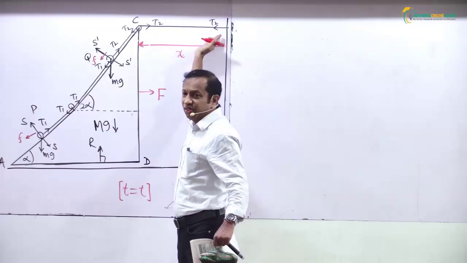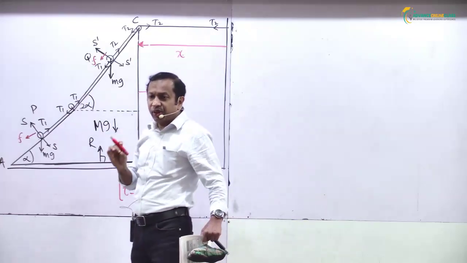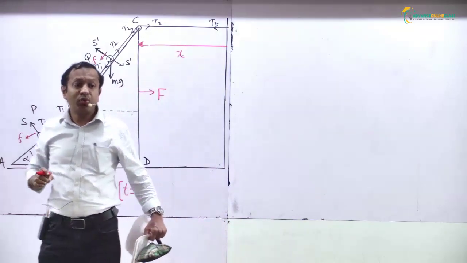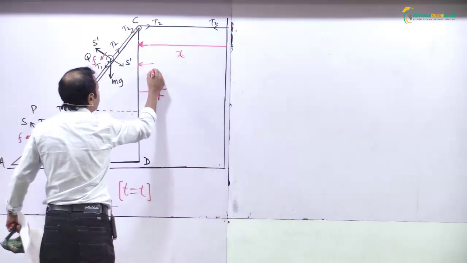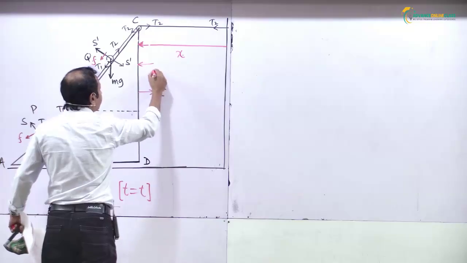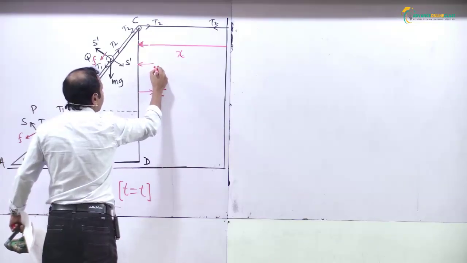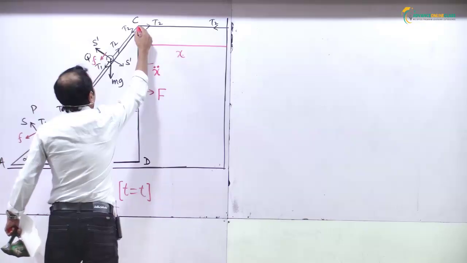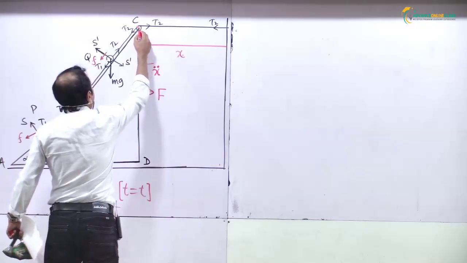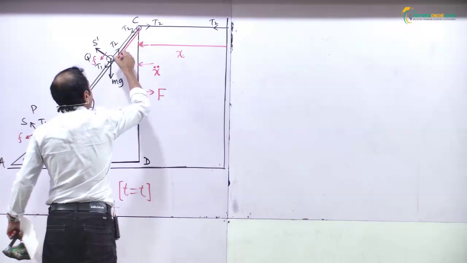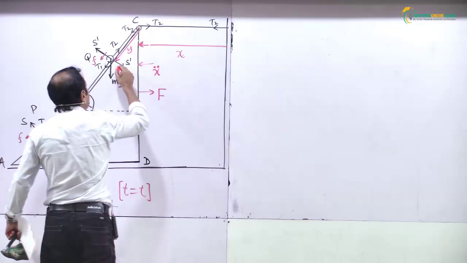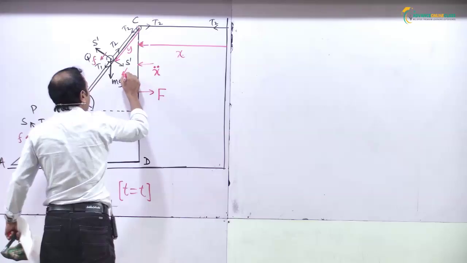No, this is not moving, no. Arrowhead should always be with the moving object, right? Then this direction acceleration is x double dot. I'll take this as y. Then that is y double dot.